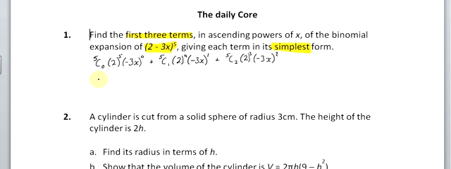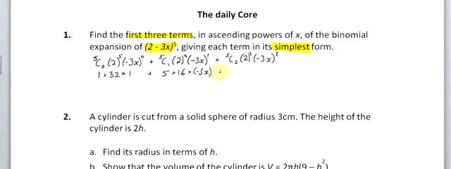Now, if you didn't have a calculator, you'd obviously use the formula for this, but the exam has calculators available. 5 choose 0 is 1, 2 to the power of 5 is 32, and (minus 3x) to the 0 is 1. Second term, 5 choose 1 is 5, 2 to the power of 4 is 16, and (minus 3x) to the power of 1 is minus 3x.